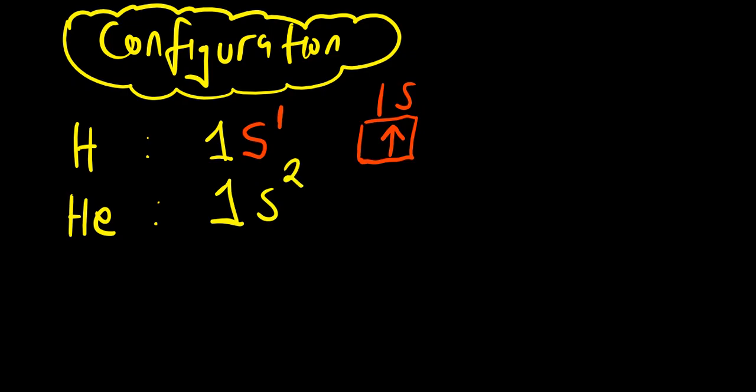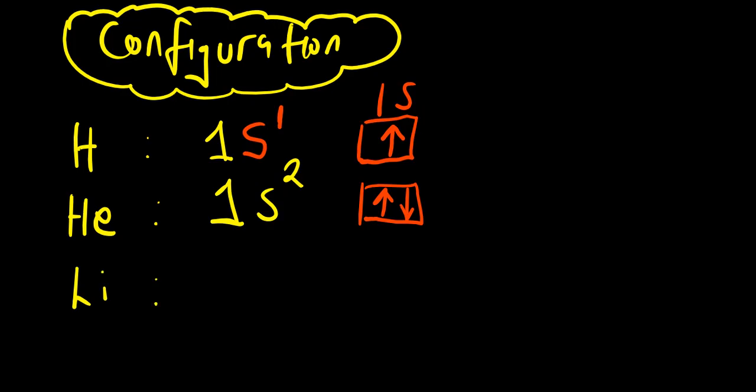We said the maximum number of electrons that the S subshell can hold is 2. So I'm going to show that in an orbital. You draw your orbital, and with 2 electrons, 1 points upwards, 1 points downwards. Then what about the third one, lithium? Okay, lithium.